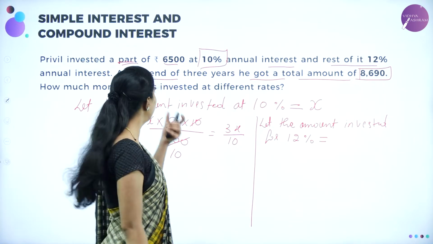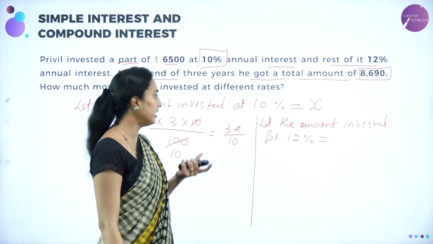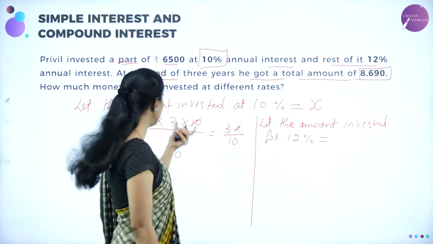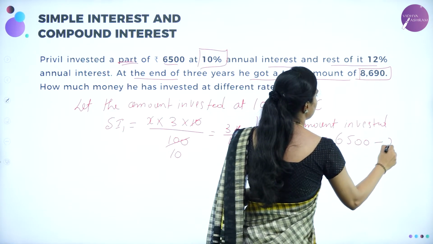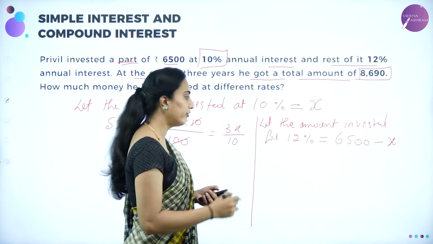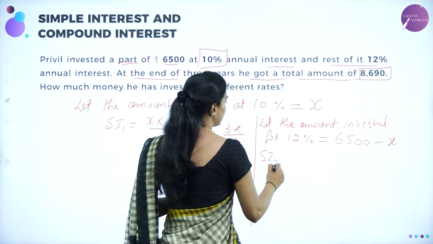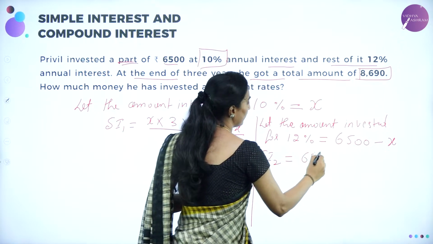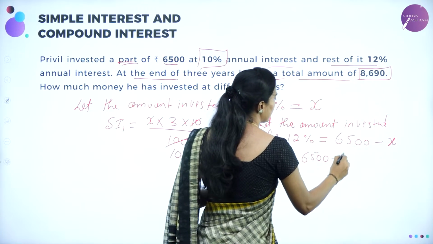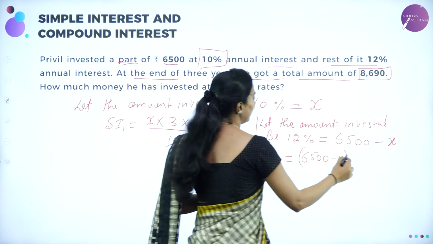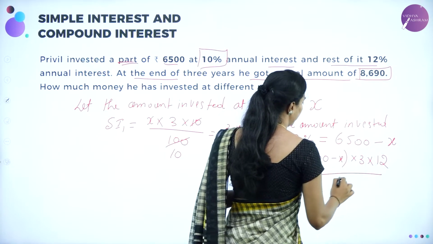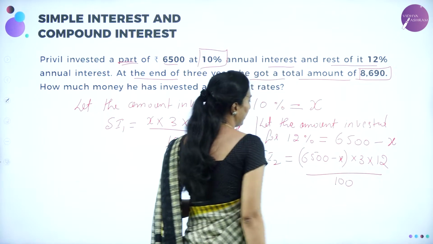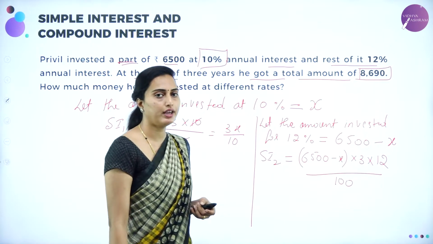You are going to have 6,500 minus the amount that has been invested, that is X. So 6,500 minus X. Therefore, if we calculate SI2 for this one, the amount is 6,500 minus X into 3 into 12% divided by 100, PTR divided by 100.